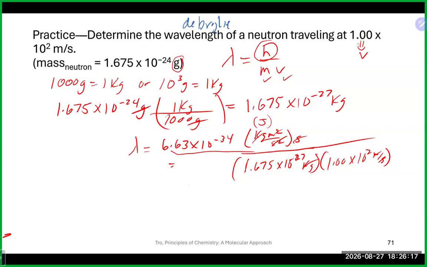And it looks like we'll get something like 3.96 times 10 to the minus 9 meters. Or in your calculator, you might have a bunch of zeros and a 4 at the end because your calculator ran out of room, basically, and that'll be the same thing. Any questions on that there?